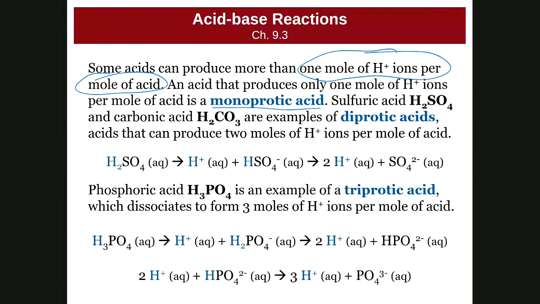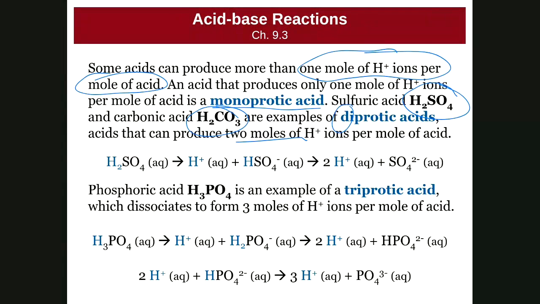There are diprotic acids and triprotic acids, however. Sulfuric acid and carbonic acid are 2 examples of diprotic acids. They produce 2 moles of hydrogen ions per mole of acid. That's where our di prefix comes from.